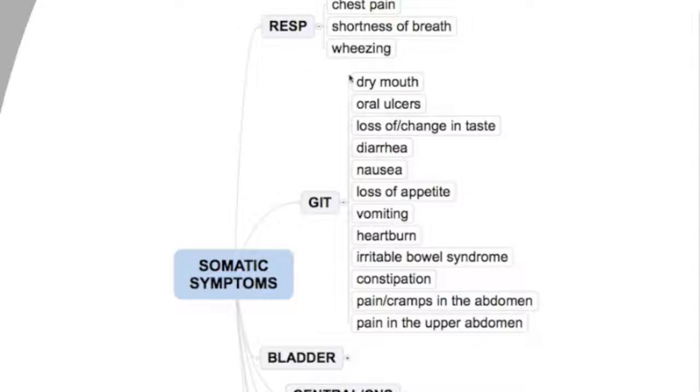And similarly with dry mouth, oral ulcers, loss or change of taste, diarrhea, nausea, loss of appetite, vomiting, heartburn. Irritable bowel syndrome is a frequent preceding diagnosis in these patients, constipation, and then abdominal cramps or pain in the upper abdomen.